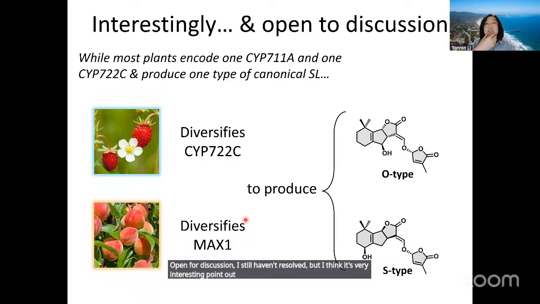If you look, most plants encode 1 CYP711 and 1 CYP722 to produce just one type of canonical strigolactone.